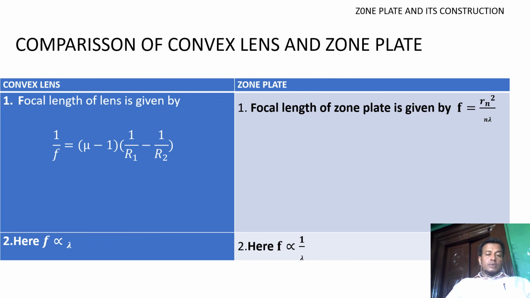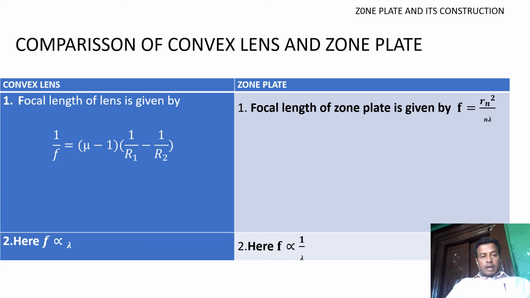In a convex lens, the focal length increases with wavelength, whereas in a zone plate it is inversely proportional to wavelength.